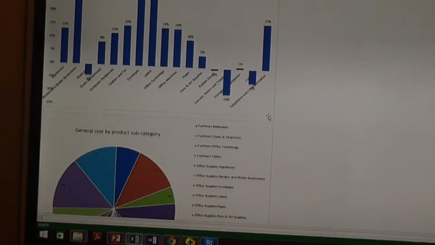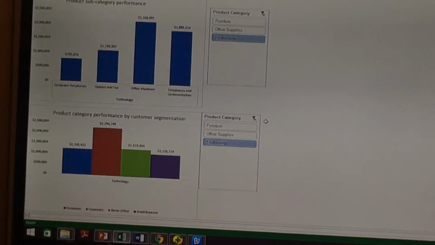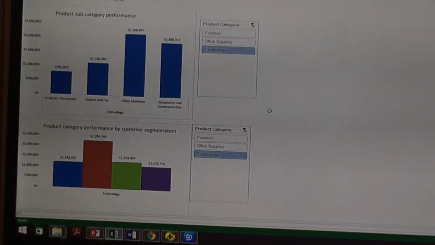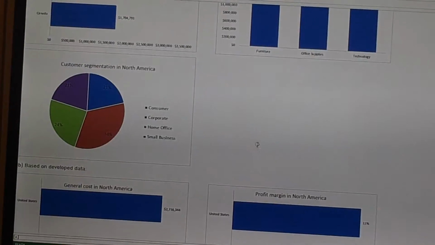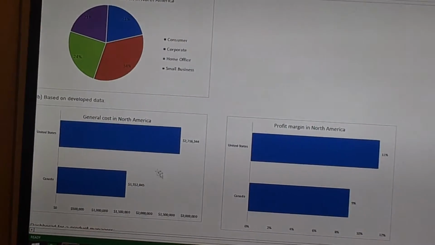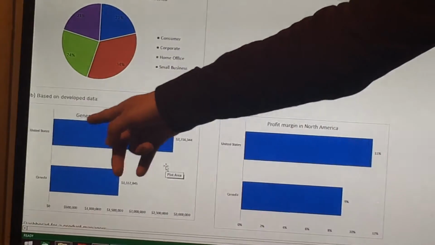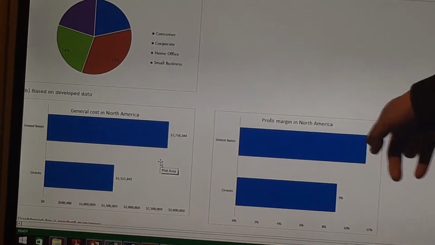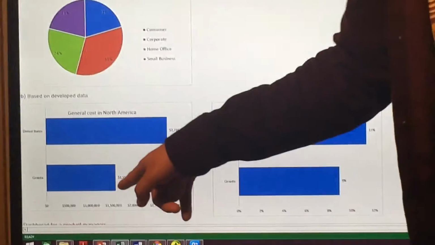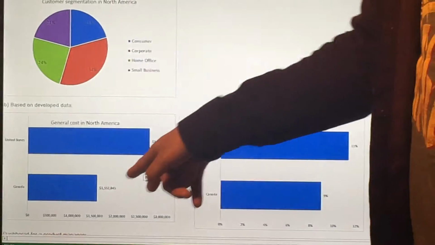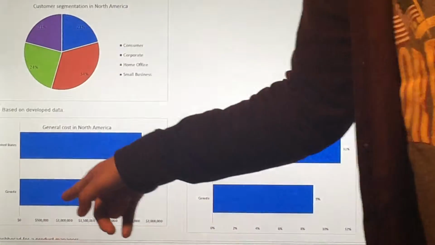Yeah, and the last thing is here. These two are the general cost in North America and the profit margin in North America. As you can see, the general cost in the United States is like 1.75 times the general cost in Canada.